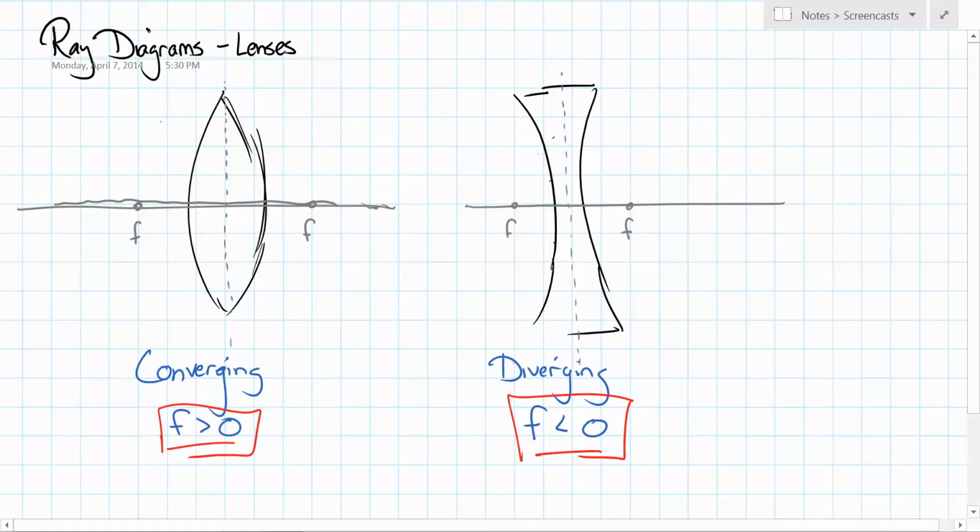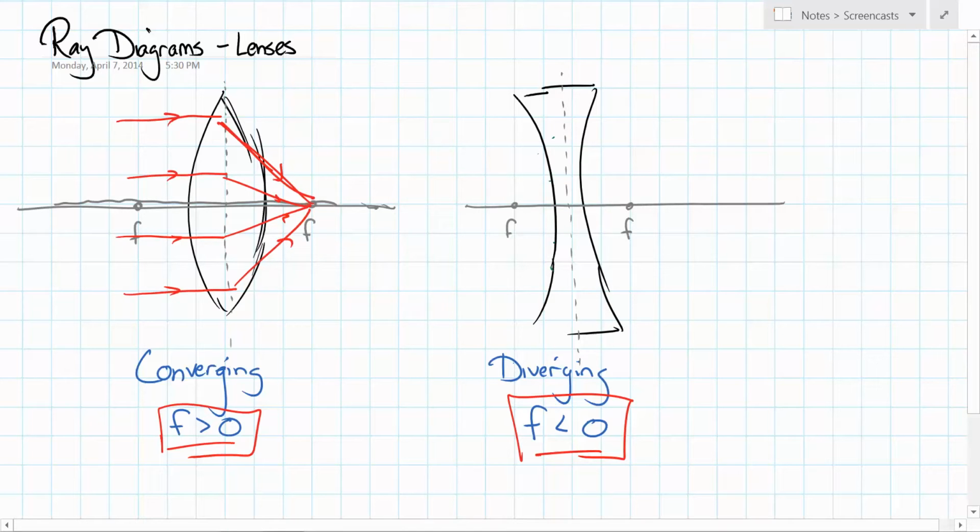Diverging and converging lenses treat light a little differently. If we look at a converging lens and I send rays of light in parallel to the principal axis, they all will pass through the focal point. They'll converge at the focal point, if you will.